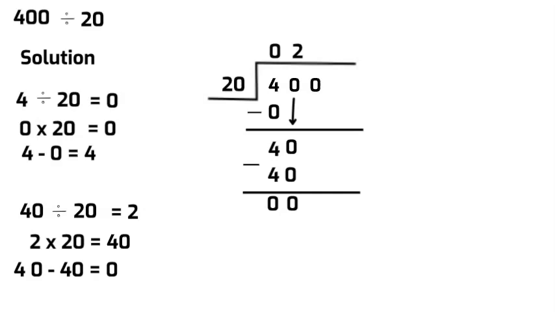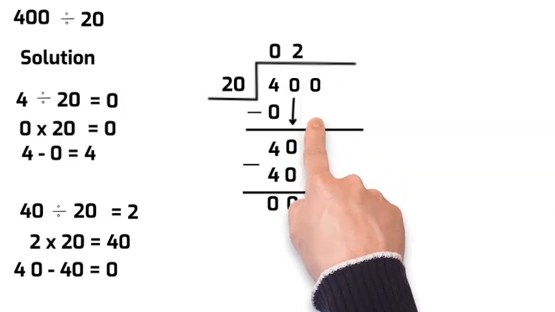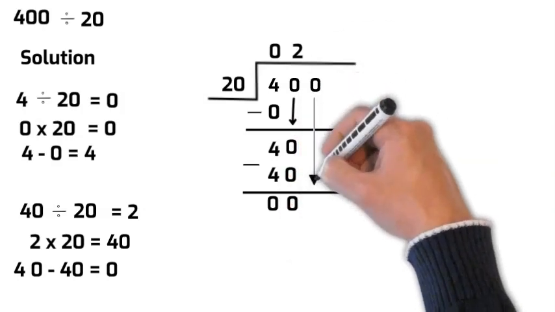Remember, when we divided 401 by 20, we brought down 1 as our last dividend and then divided it by our divisor 20. Now we will do the same with our last digit here, which is 0.